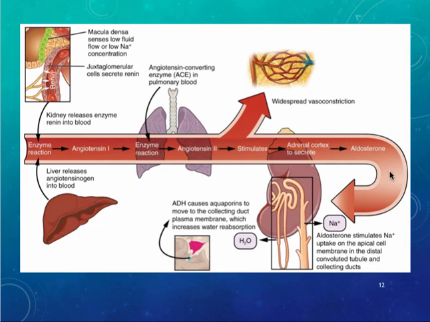So once these cells sense this, aldosterone stimulates sodium uptake. And then you have antidiuretic hormone, which affects your water reabsorption as well. That's what's maintaining your blood volume and sodium levels. If you think back to the kidney, this is how it's regulating that, along with the secretion of renin.